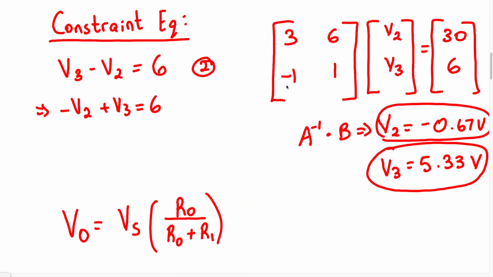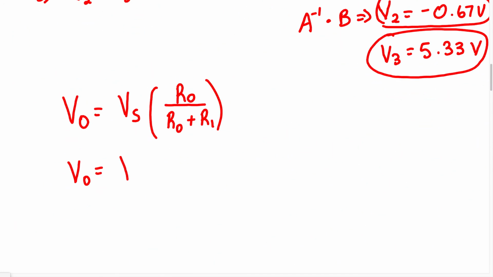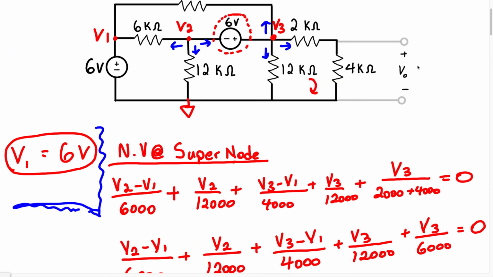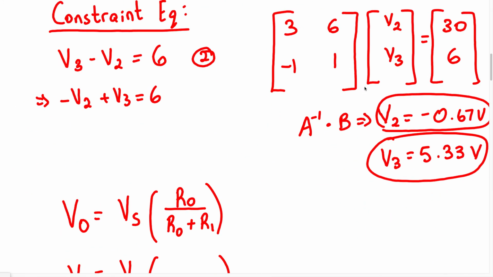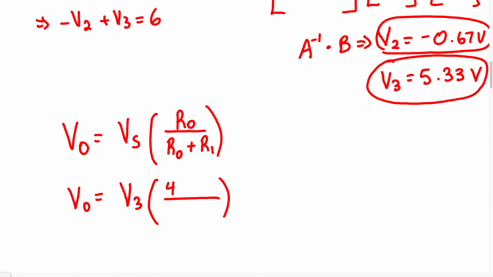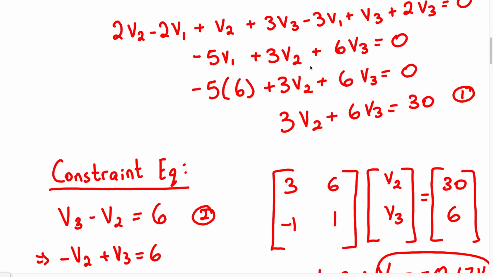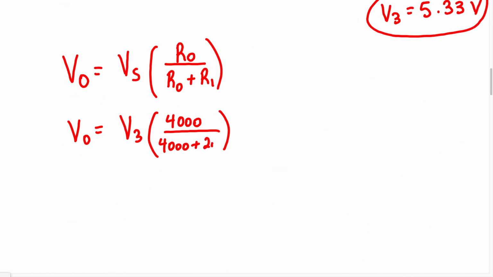So we're just going to write the voltage source to be V3, multiplied by R0, the resistor that's going to have the voltage VO, so that's going to be a 4K resistor. So we're going to have 4,000 for the numerator, and then for the denominator, we have R0 plus R1, that's going to be 4,000 plus the second resistor, a 2K resistor, so plus 2,000.